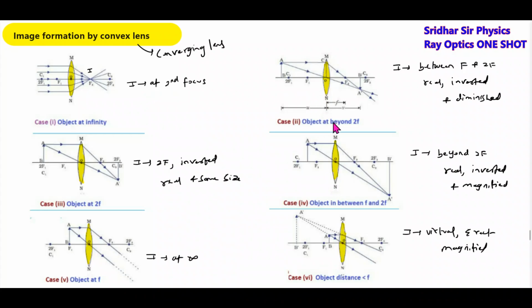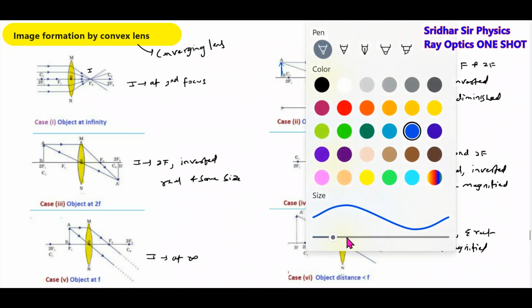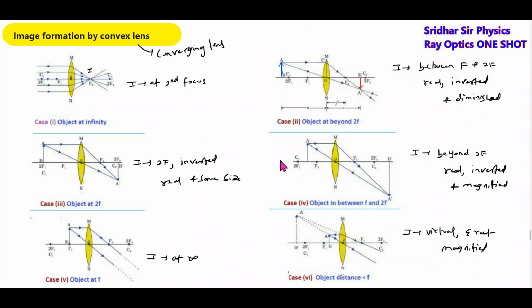Next, object beyond 2f. Here 2f, f we have. It is beyond 2f. The image will be between f and 2f, and the image will be real. This is the object.